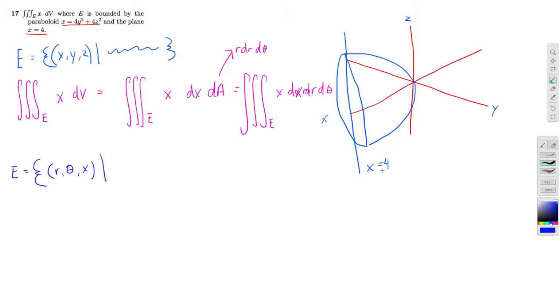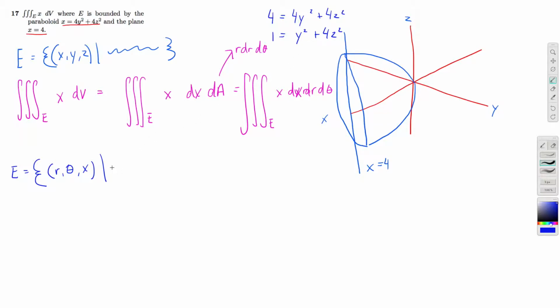So what is the radius at the point of x equals 4? Well, we just sub in our values and make this equal that. So 4 equals 4y squared plus 4z squared. You can divide both sides by 4, so you get 1 equals y squared plus z squared, and this tells you that the radius is just equal to 1.